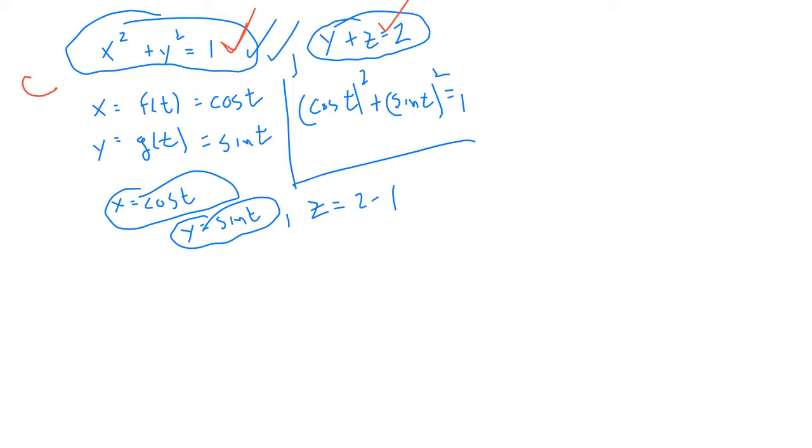That's right, Yunus. 2 minus y. That's right, Emma. So then z has to equal 2 minus what? So x is a function of t, y is a function of t. I need z to be a function of t also.